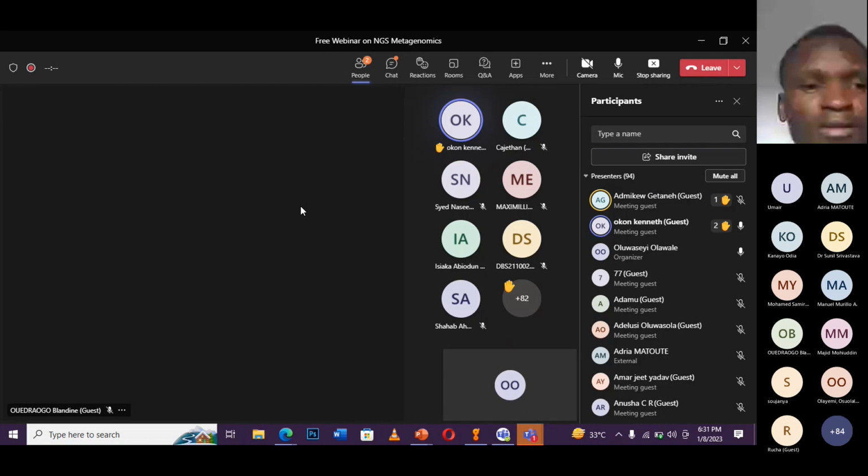Metagenomics fits in, for instance, with the One Health concept, where we want to look at the relationship of antibiotic resistance genes, where they are coming from, and track them for public health. But one thing remains, and that is the cost of most of this research. At the end of the day, you won't be able to do it. So whole genome sequencing still remains the option, if we have those facilities.